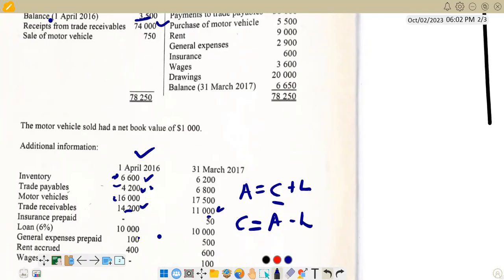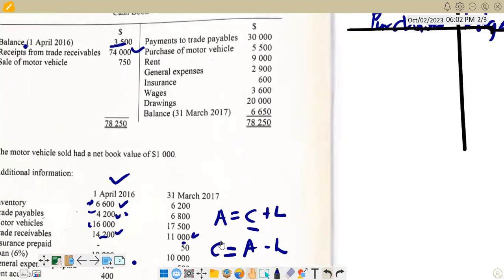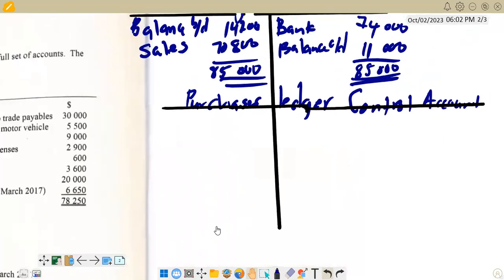So we put it there. The balance will be on the credit. So this is our balance BD now. It's opposite to what we did in the sales ledger control. So it's balance BD, 4,200.